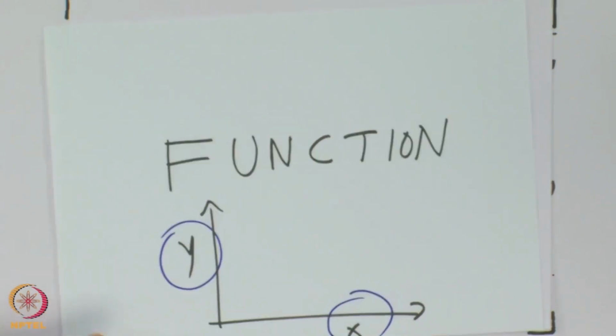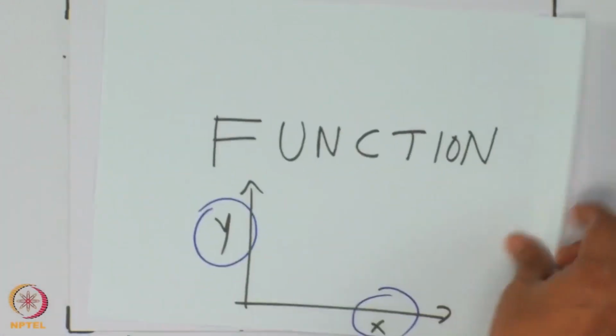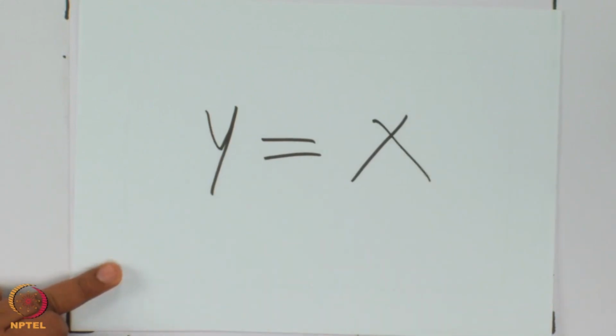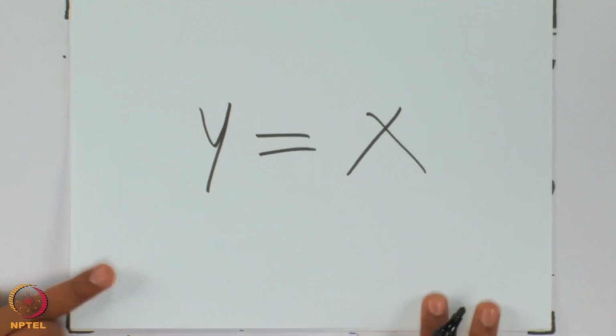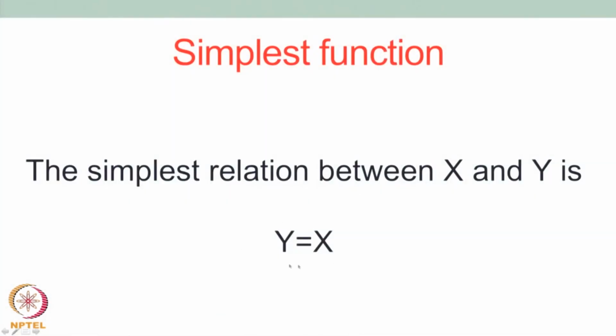What is the simplest relation that one can imagine between x and y? So I am going to write down the simplest relation I can imagine, it is nothing but y equal to x. This is the simplest one can think of, right? So the simplest relation is y is equal to x.